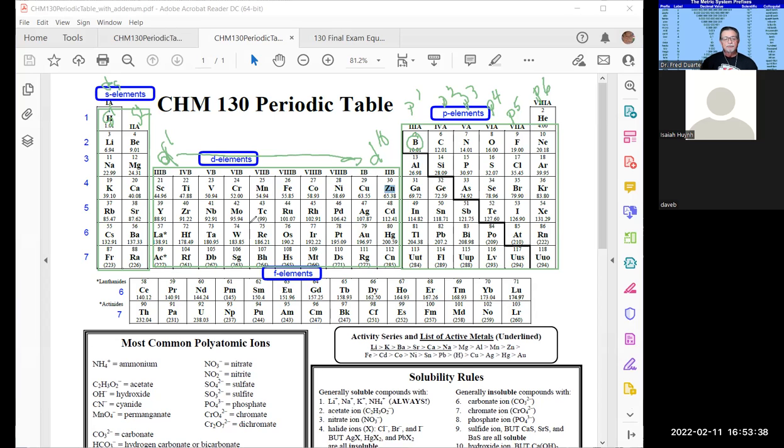Okay, there should be 14 columns there. Remember there's 7 F orbitals. Each one can handle one electron, so it can handle a total of 14 F electrons. So starting from the far left, F1 all the way across to F14.